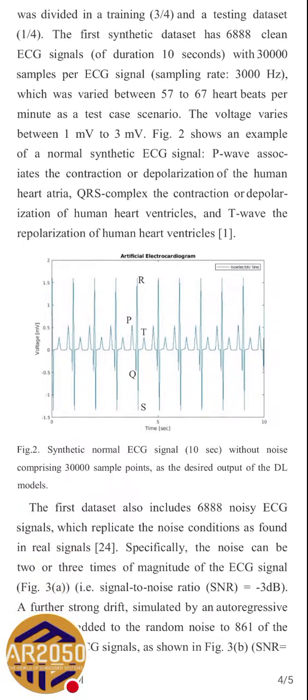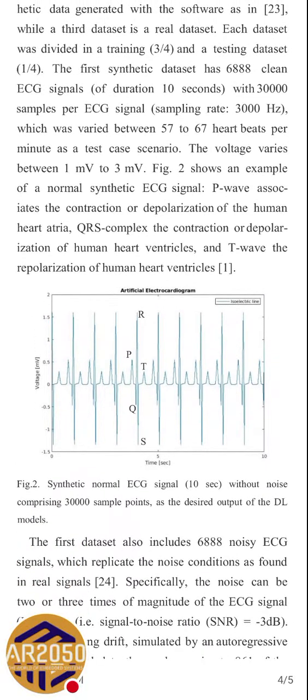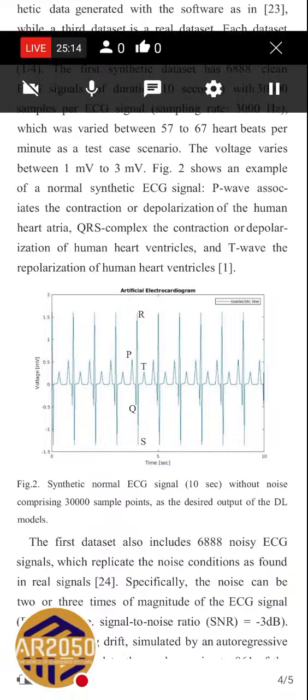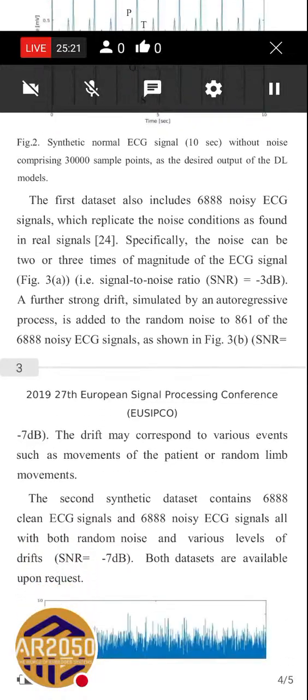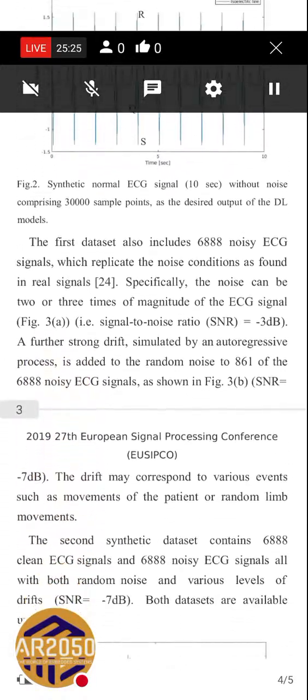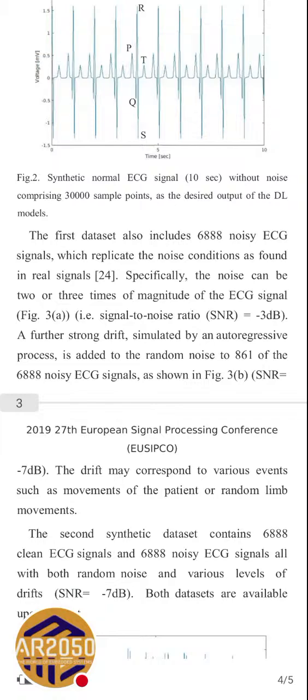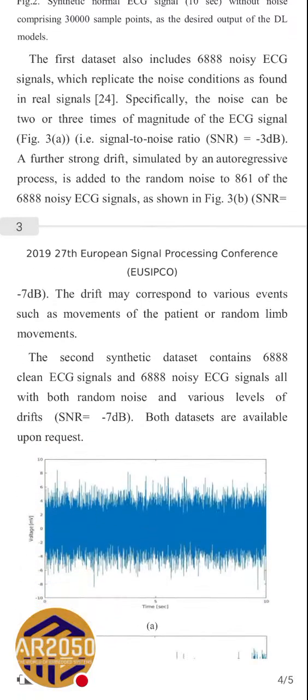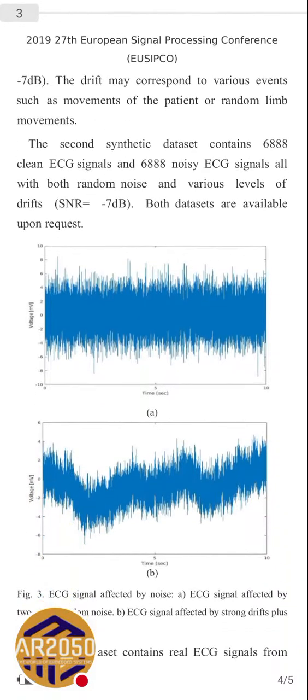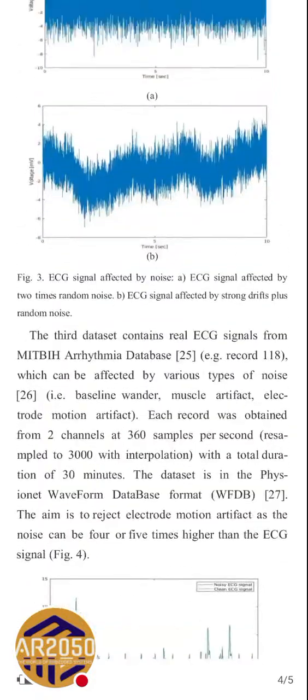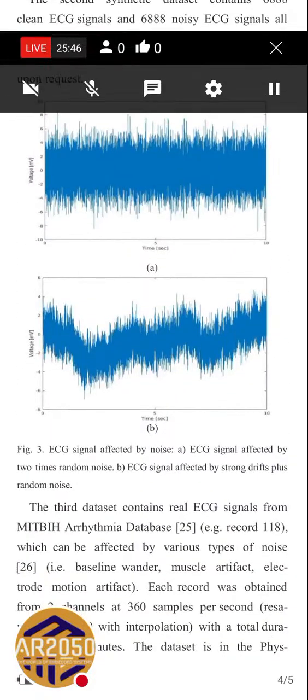So there is an example ECG signal. The voltage varies, and the P wave is associated with the contraction or depolarization of the human heart atria. The QRS complex is the contraction or depolarization of the ventricles.